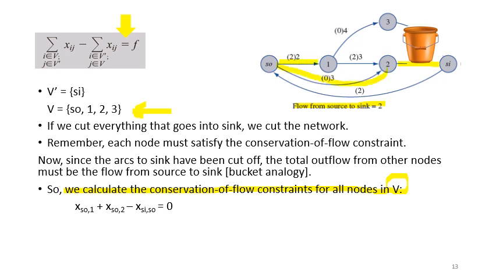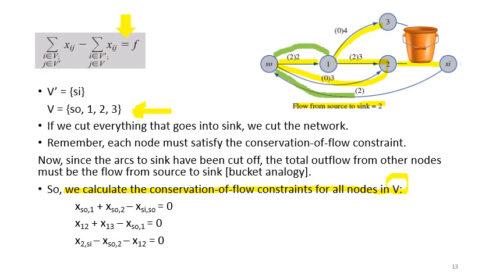And going into the source is from sink to source. It must equal 0, right? And then for node 1, going out is 1 to 2, and then 1 to 3, and then going into 1 is from source to 1.